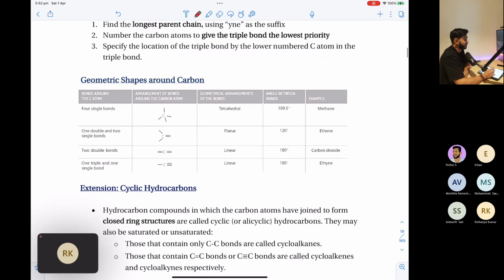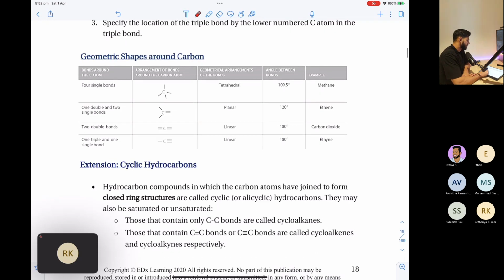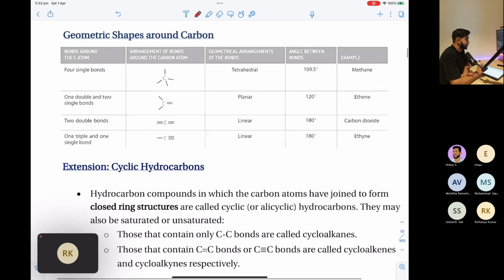We're done with alkynes. I don't think in the last 7 years I've ever done an alkyne or seen an alkyne naming question. Because I know if you can name an alkene, you can name an alkyne. It's very simple, right? Now, this point here, geometric shapes around carbon, you would be surprised how high yield it is, especially for trials.